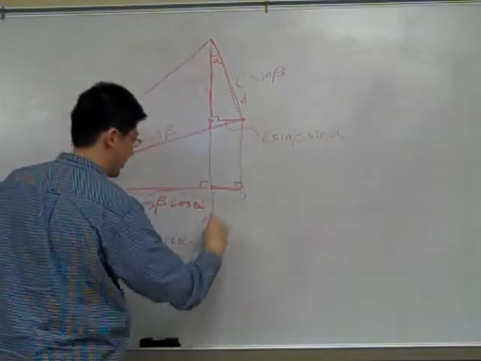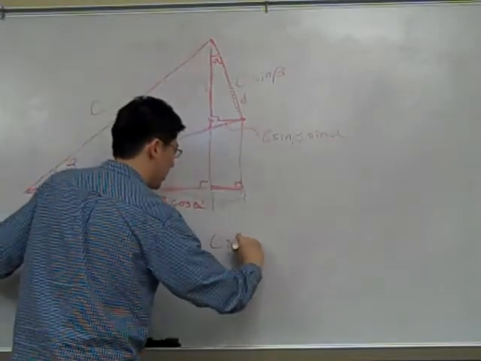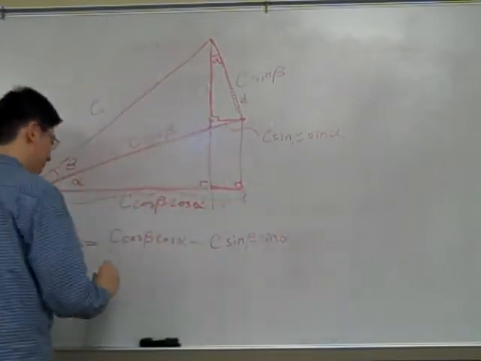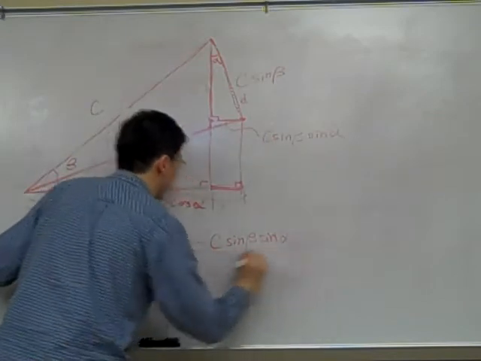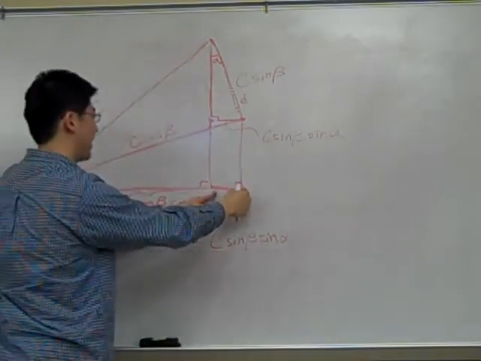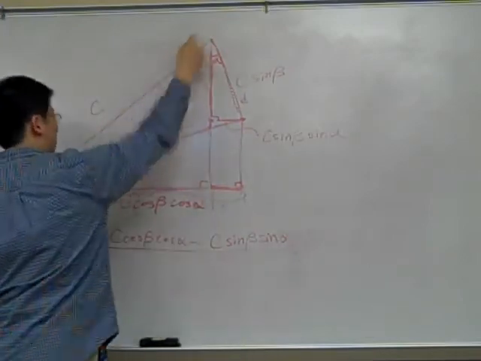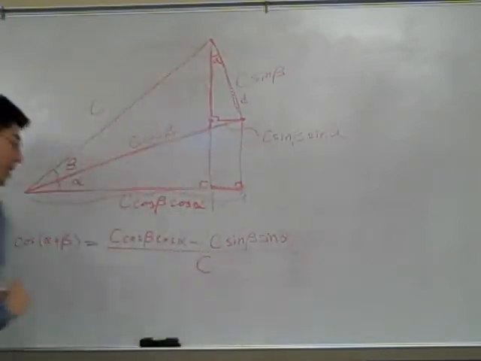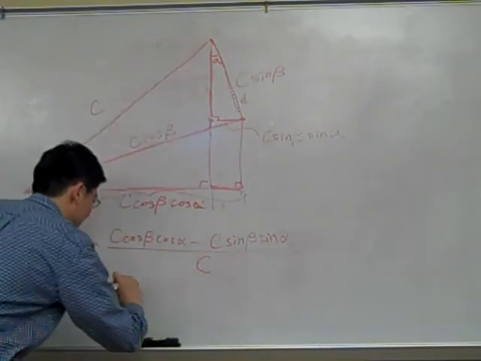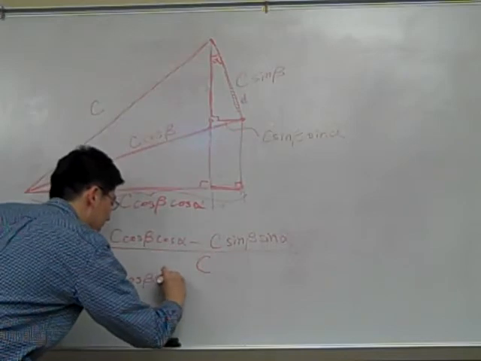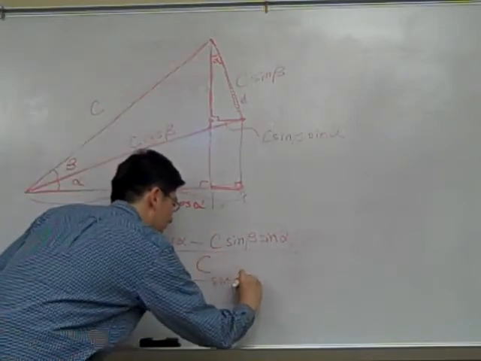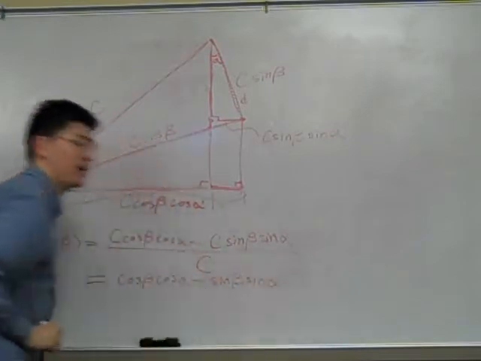So, c cosine beta cosine alpha minus c sine beta sine alpha, and you divide it by the length of the hypotenuse, c. Now that gives us an expression where the c is going to cancel, so this is going to give us cosine beta cosine alpha minus sine beta sine alpha.